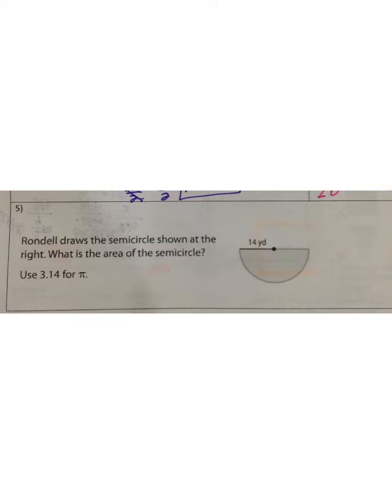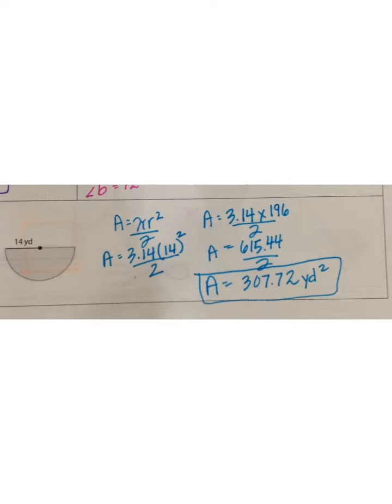Number 5, Rondell draws the semicircle shown at the right. What is the area of the semicircle? Focus on the part that it's only half of a circle when you're finding the area. Okay, so the formula for area of a circle is pi times the radius squared.